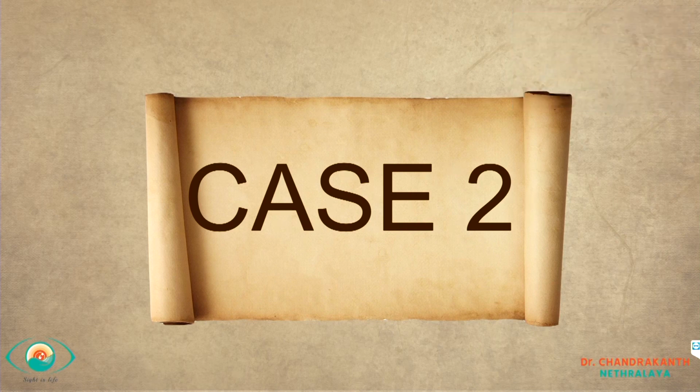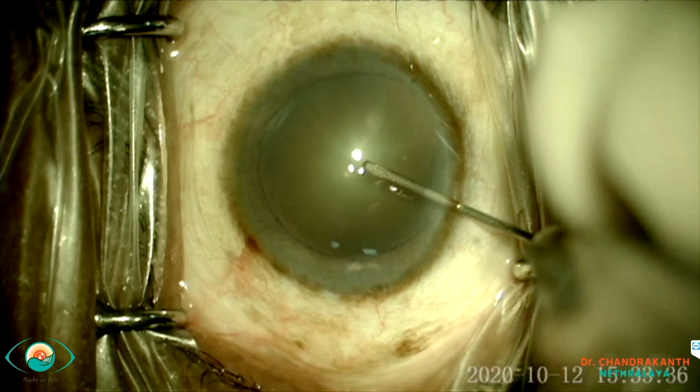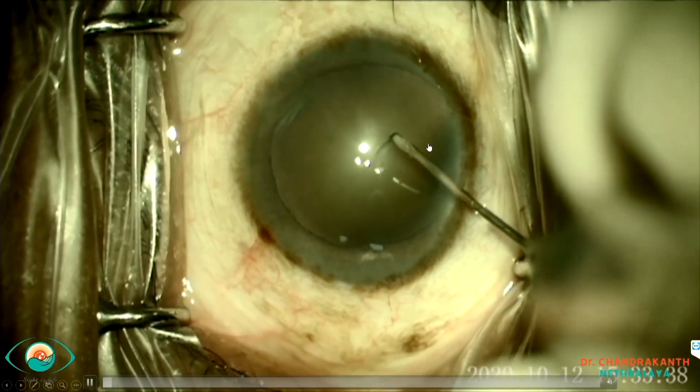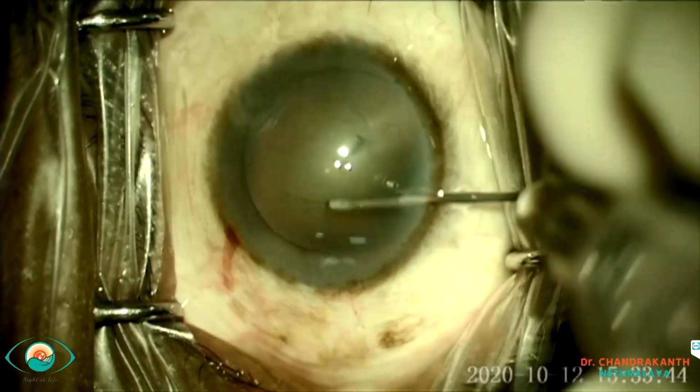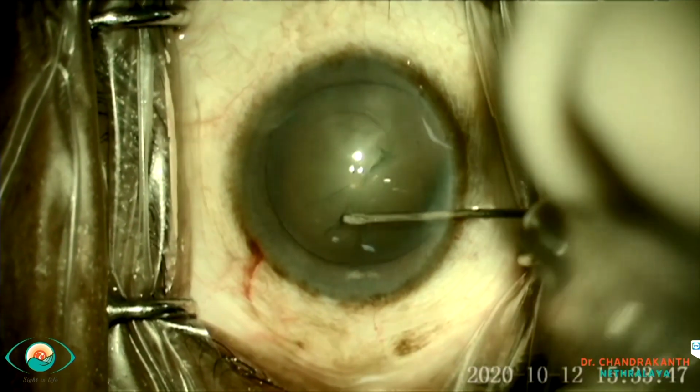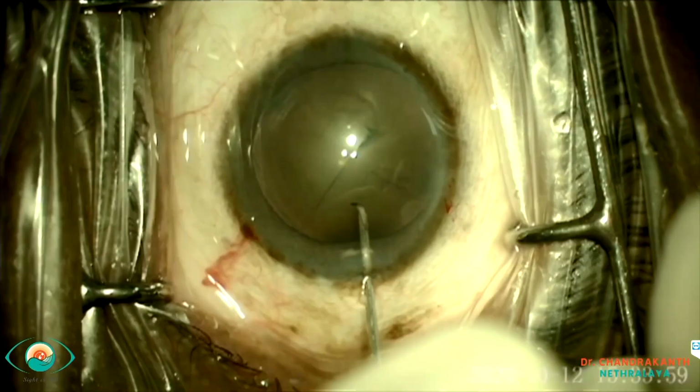Come to case 2. A mature cataract again. Rhexis is in progress. Round, curvilinear.